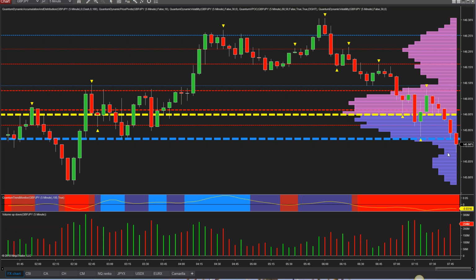And the other thing is that the volume profile here in this region is starting to build a little bit, as you can see, literally in real time, but it's still very light compared to the volumes higher up the chart. So if the price action does move below 145.88, one would expect it to move through there pretty quickly.